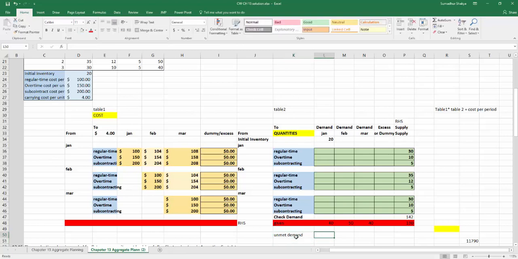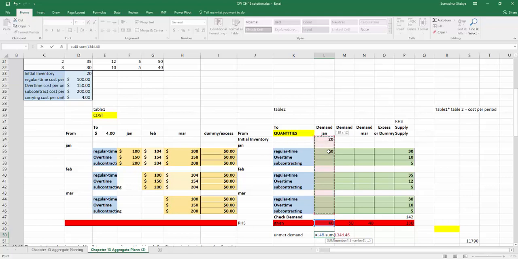Okay, so let's say if I allocated 10 units here, at this point I want to know how much more demand do I have to meet, such that I'm not doing the mental calculations here. Okay, so the easiest way to do that is equals to 40, the given number, minus the sum of anything above. Okay, now in this case, because I have this initial inventory, I'm going to add that as well.